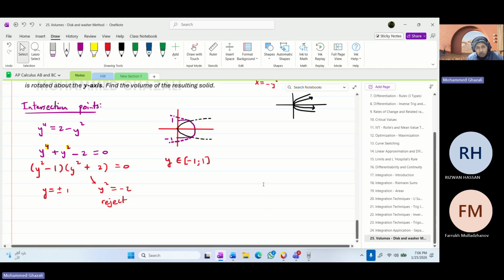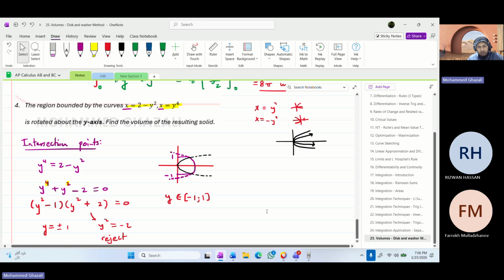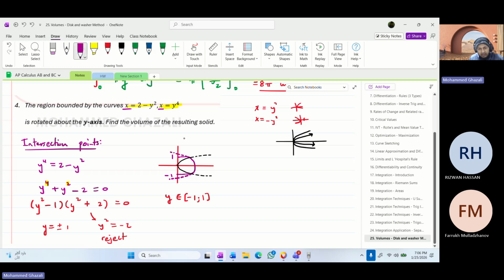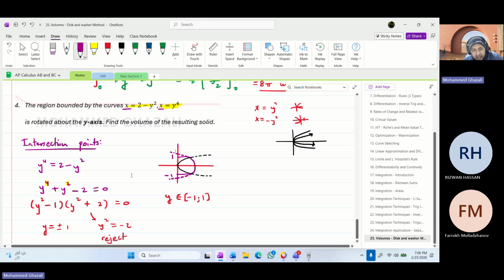Now comes the cross section. Remember, we're rotating about the y-axis. Are we good? These graphs are symmetrical. Yeah, these graphs are symmetrical. Let me just stretch this a little bit more.